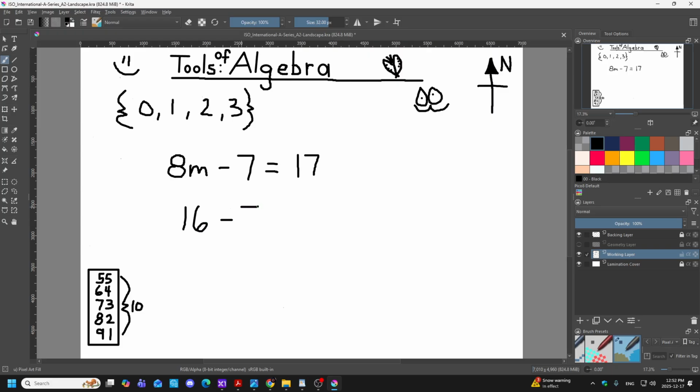Subtract 7 is 9. 9 is not equal to 17, therefore false. Let's do the last one. 3. 8 times 3 is 24. Subtract 7 gives us 17. 17 does equal 17. Therefore, it is true.